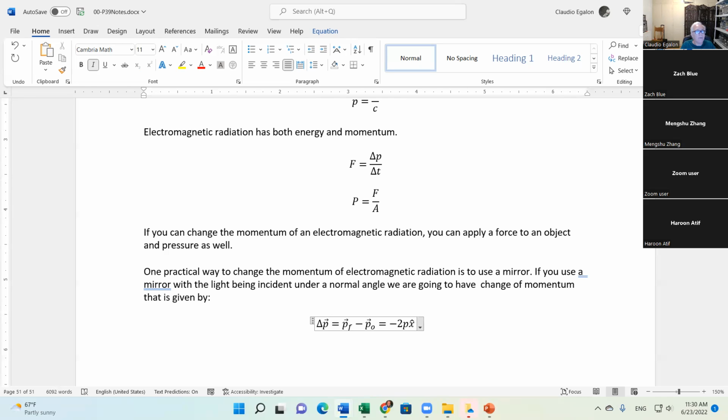That's all your delta P is. And now you substitute right here, and you get a force, but it's a force on the light wave.